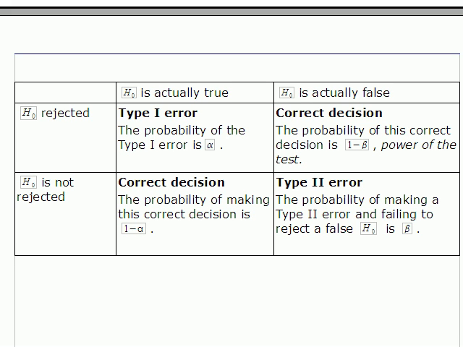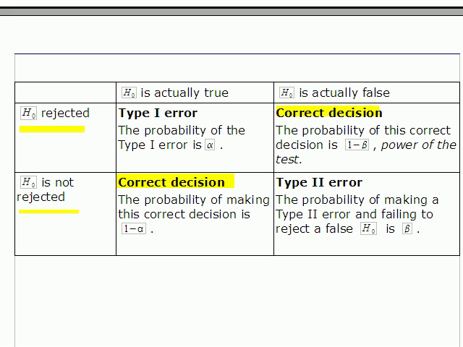So now this is exactly the same table that we had before, but now I've put alpha and beta in it so you can see where they go. Let's look at correct decisions. The null hypothesis is rejected here, and the null hypothesis was actually false. That is a correct decision. Now if you don't reject the null hypothesis and it was actually true, that's another correct decision. The probability of making this correct decision is 1 minus alpha.